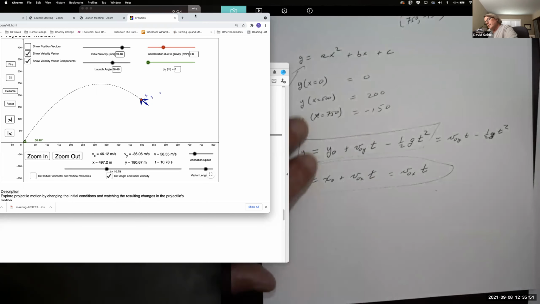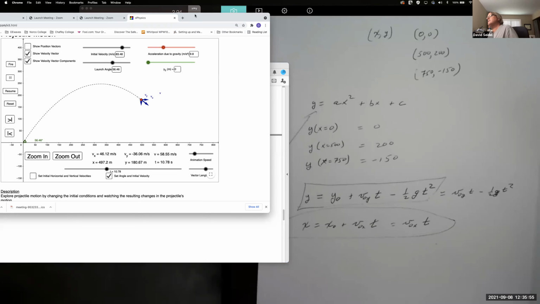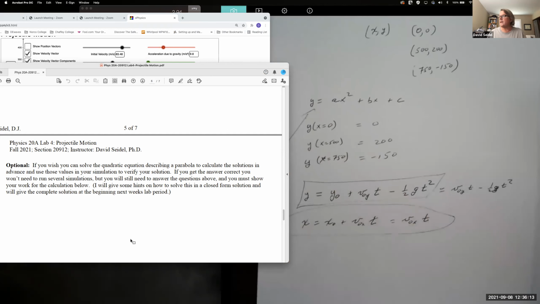So I've given you a lot more hints than I've given classes in the past on this. I give you a lot of hints on how to do this with the quadratic formula. Just say you can do it as you like. I encourage you to do it both ways. So I gave you some hints on here, actually a lot of hints.